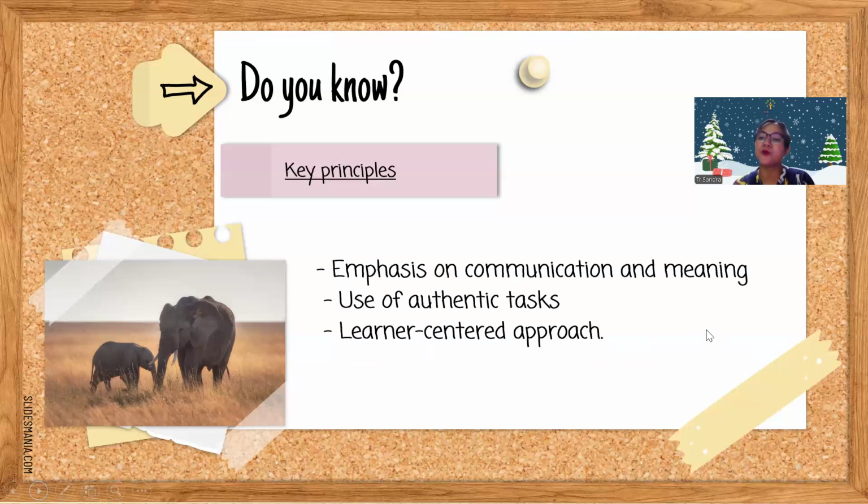It focuses on communication and meaning, because we need to carry out a task. Here, when we talk about a task, we are using authentic, okay? Authentic means real-world tasks. It is really useful and can be applied outside, okay? It is a learner-centered approach, okay?